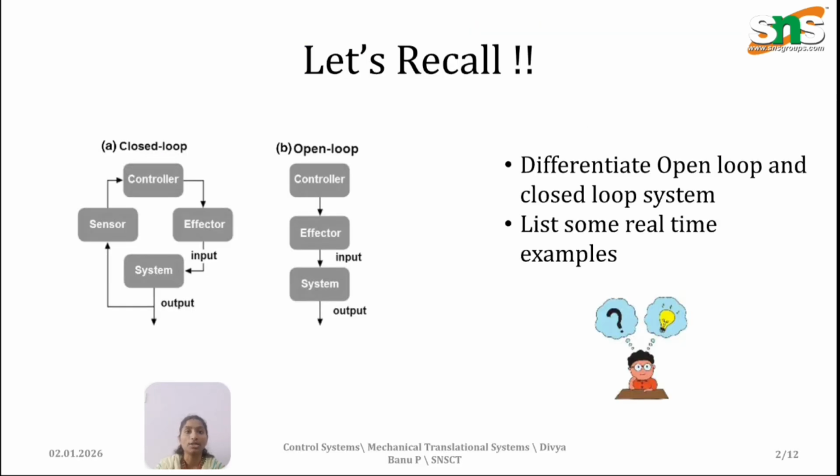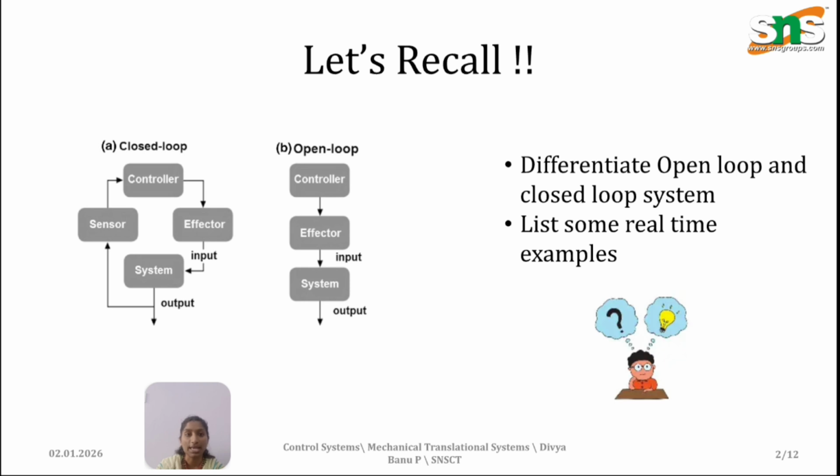Before going into this topic, let us recall what open loop and closed loop are. In an open loop system, there is no controller and effector, whereas in the closed loop system, using the controller and effector, we get the desired output. In open loop, obtaining the desired output is not possible.